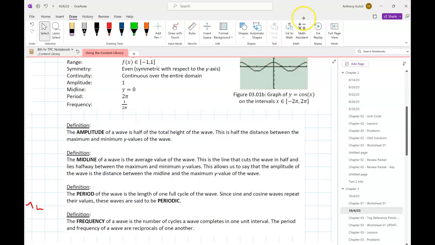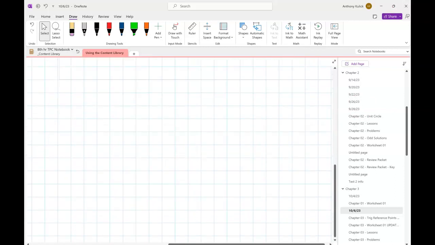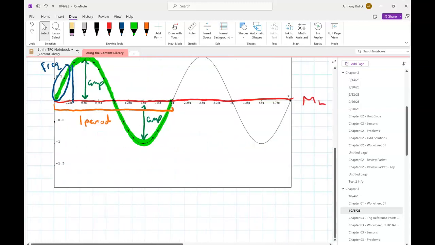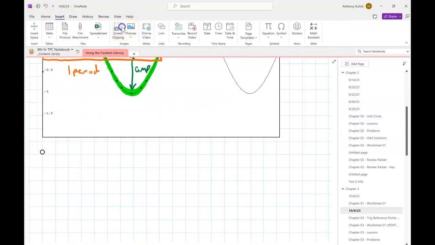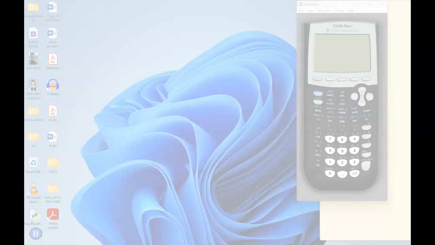What we want to do now is take that idea of a parent function and resultant function and apply it to the sine and cosine graphs. So let's go and do that. Let me just drop that in here.